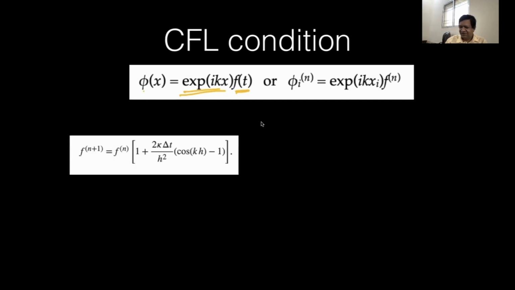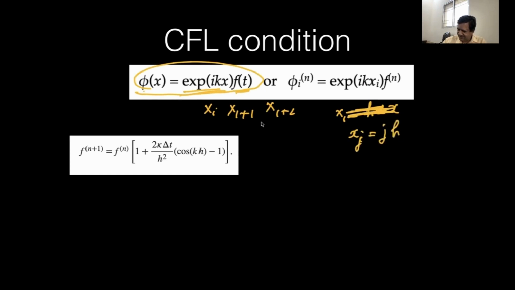For the diffusion equation, we substitute this phi(x), now discretized of course. So we have x_{j+1}, x_{j+2}, and so on, where x_j is j times h, and h is the distance between two neighboring points, with j equal to 0, 1, 2.